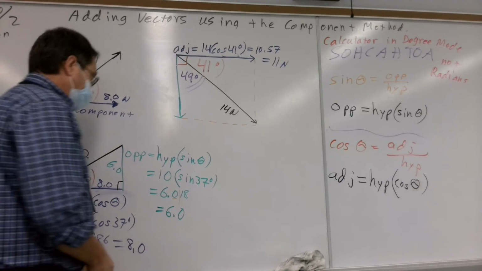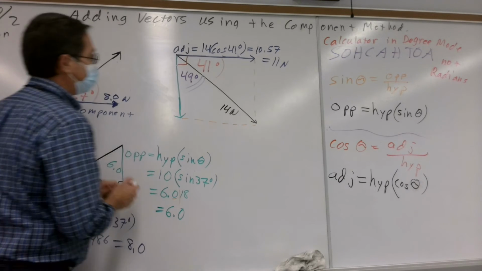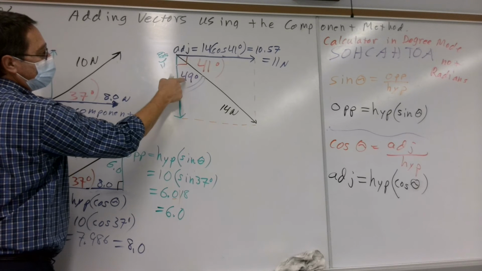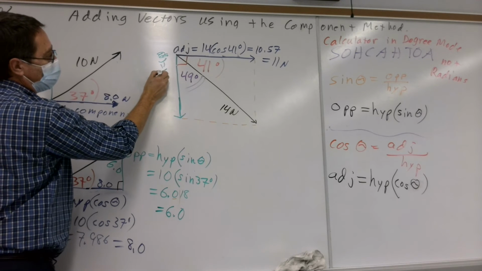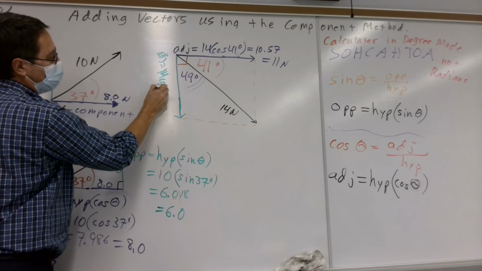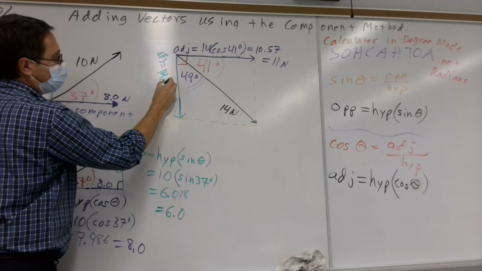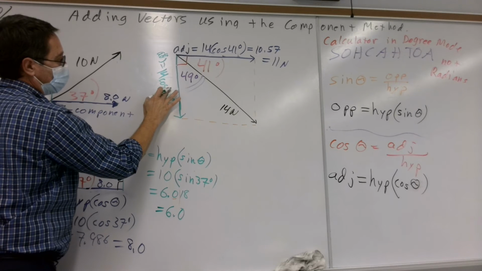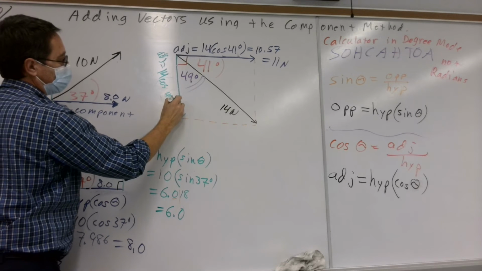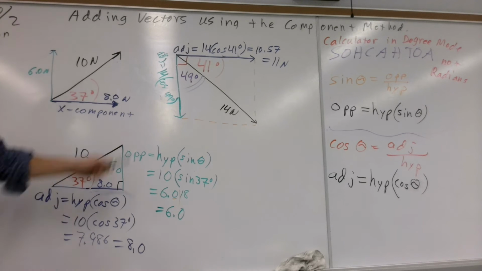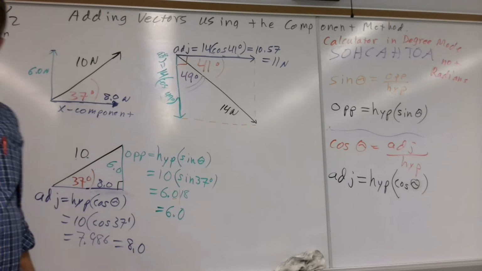So now we can say this is also the adjacent side, but I'm going to be using this angle, right? So that's going to be 14 cosine of 49 degrees, okay? What is 14 cosine 49 degrees?